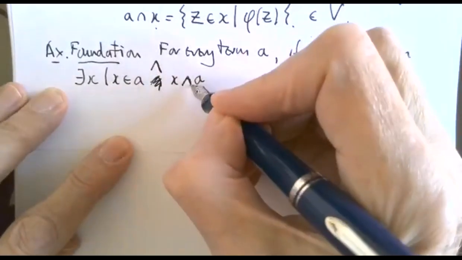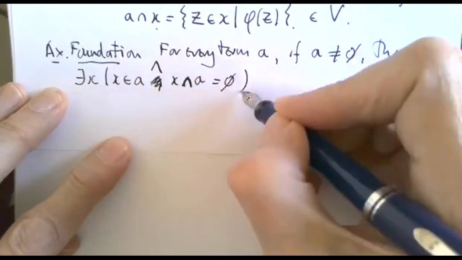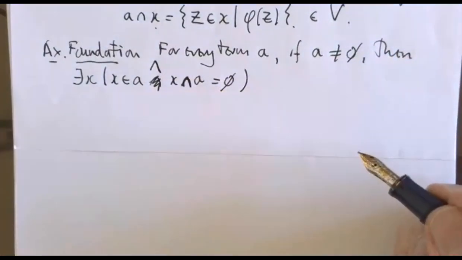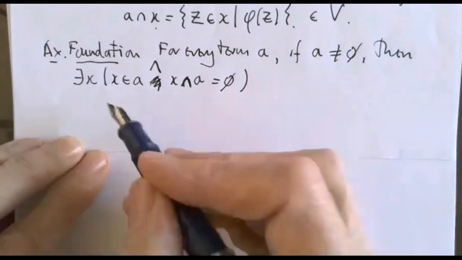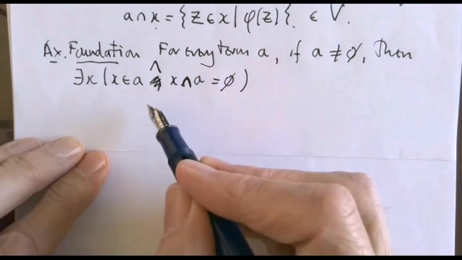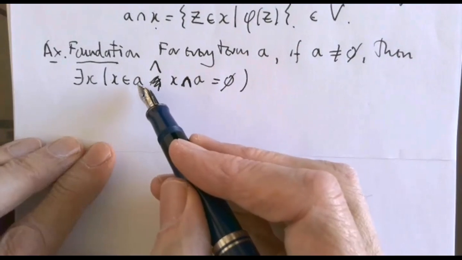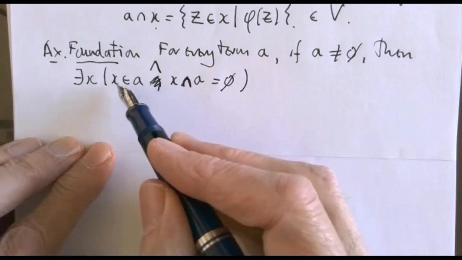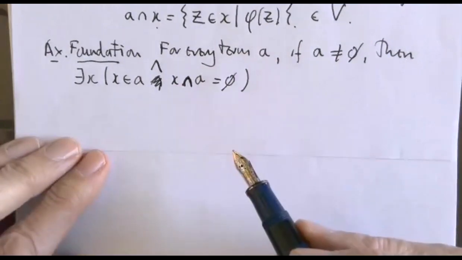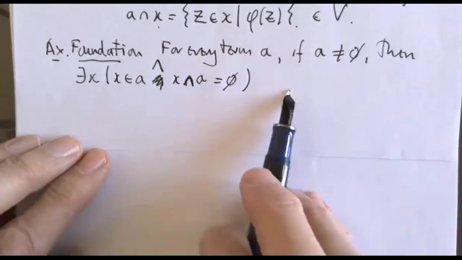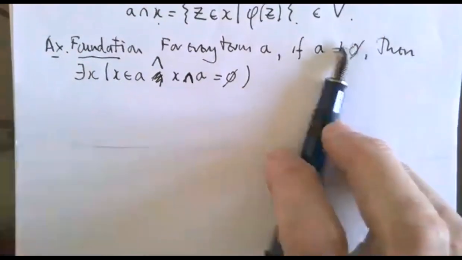This is an intersection. Here's empty. So what we have then is the idea that there is always, for any term, right, I can find some x that's in here, but it's epsilon least in its membership.